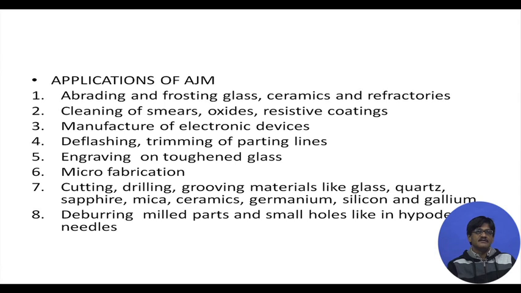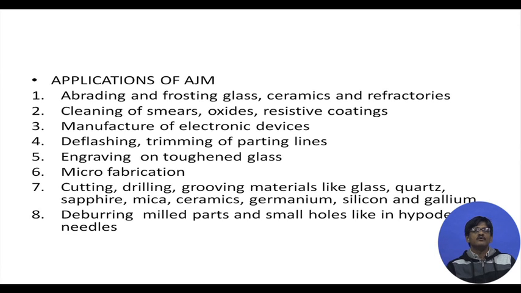All of these are essentially hard and brittle materials, or wear resistant materials, such as glasses, ceramics, and then semiconductors. So you have mica, sapphire, ceramics, germanium, that means semiconductors, silicon, gallium, etc.